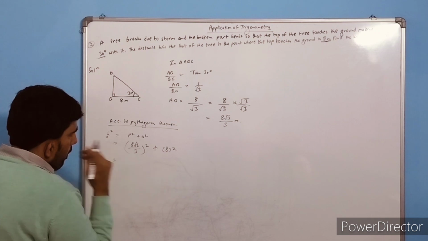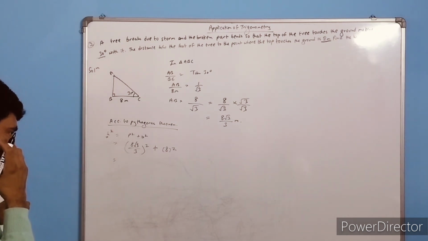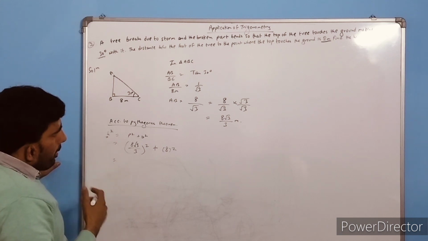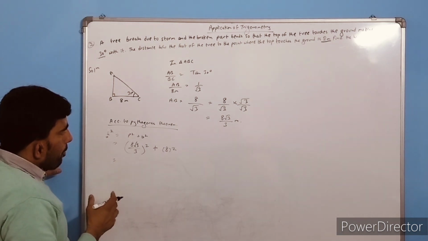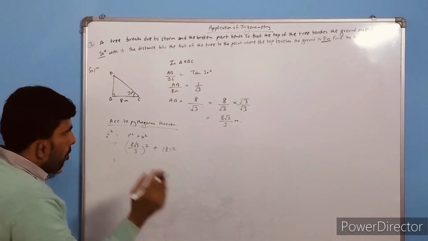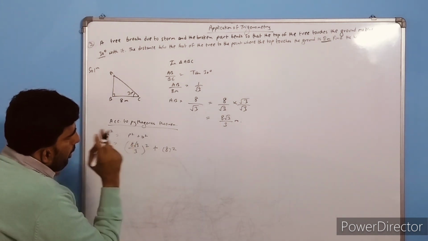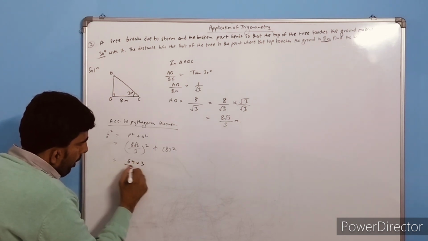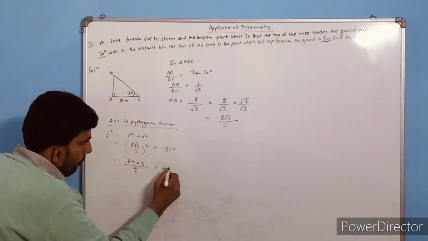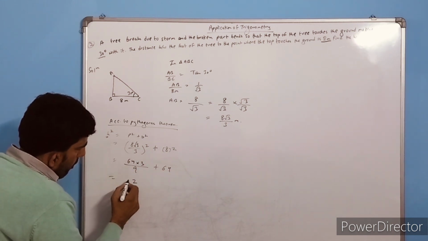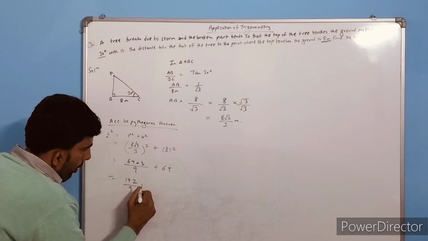So what you got? If I say this, I think it becomes more complex in nature, because here it requires more complex calculation. How? See, what is 8 root 3 times 8 root 3? 8 into 8, 64, root 3 times root 3, 3, upon 9 plus 64. If I say this, 192 upon 9 plus 64.